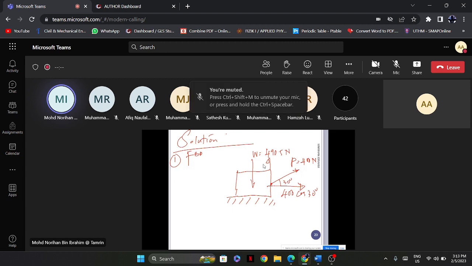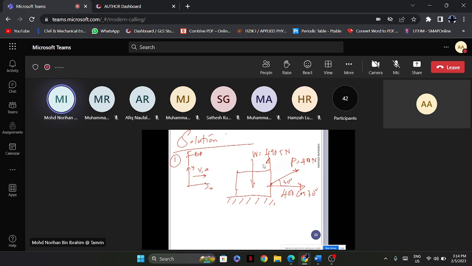So we have the component of x and also y. So our positive sign convention of x, y. So kita ada komponen 400 cos 30 degree and also this one is 400 sine 30 degree.